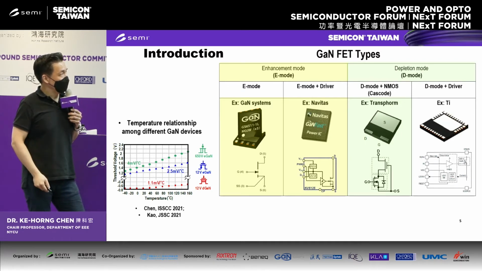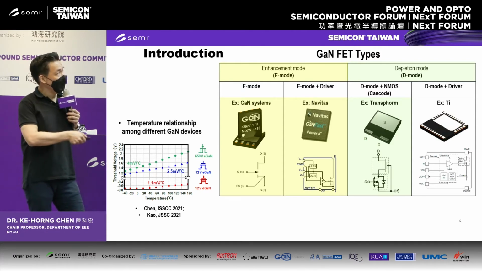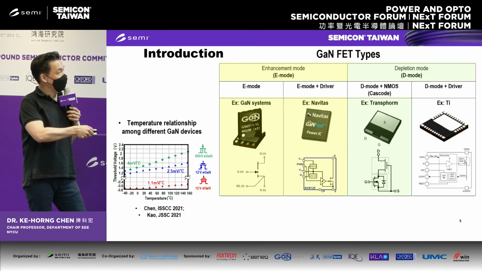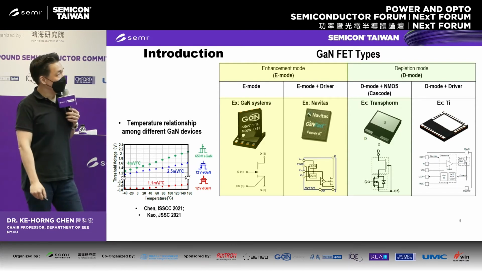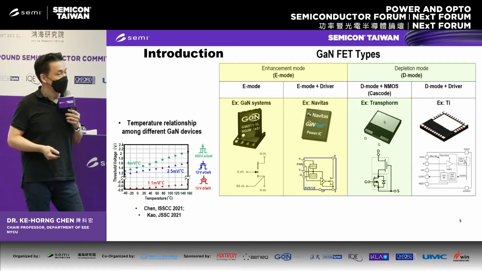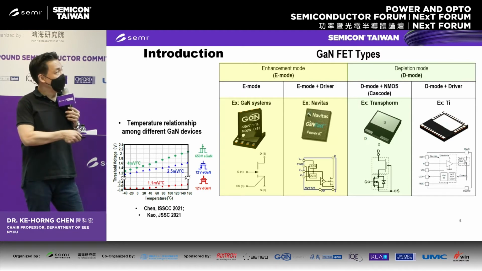Why do they use the cascode structure? Because the cascode structure can make the dGaN become a normally off device. But the disadvantage is the GaN drive signal is applied on the MOSFET. It means the capacitance will become larger. In other words, this device cannot operate at a higher switching frequency.